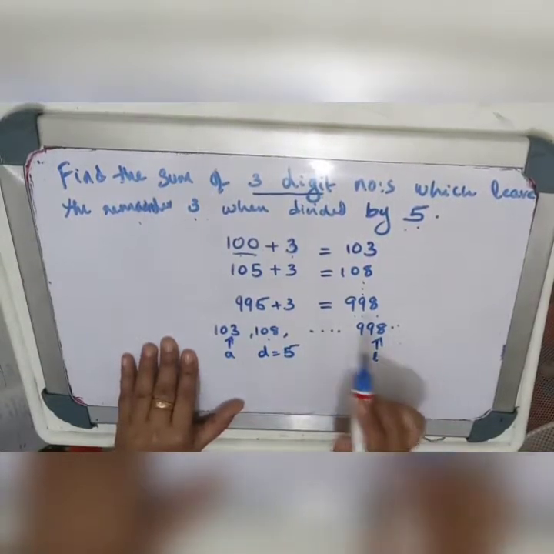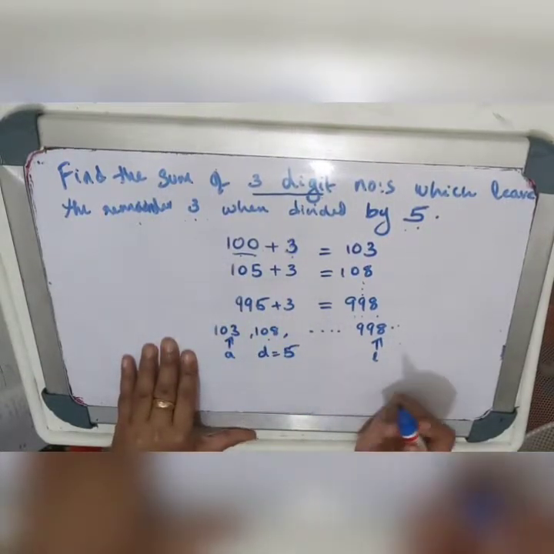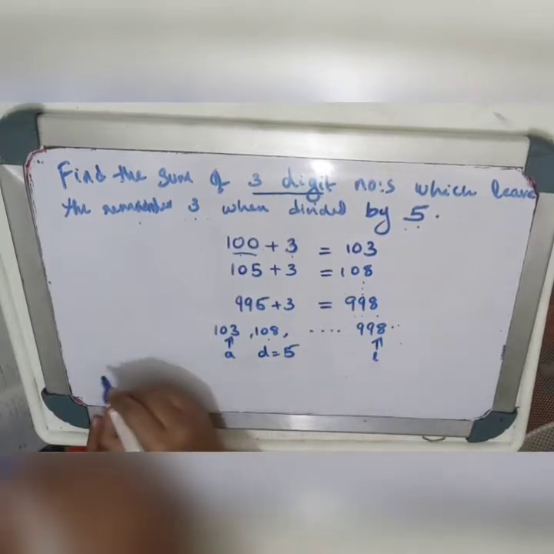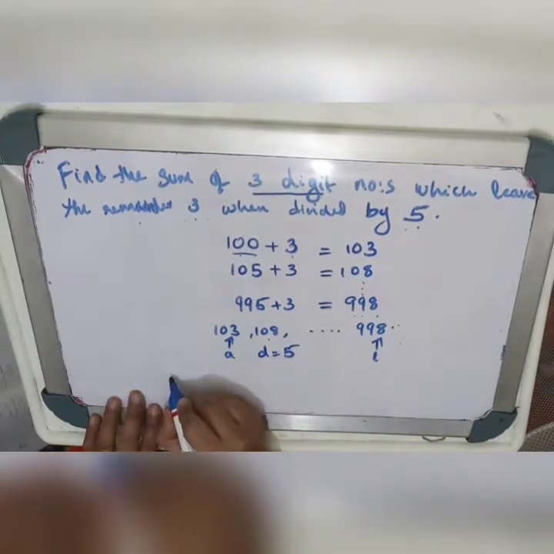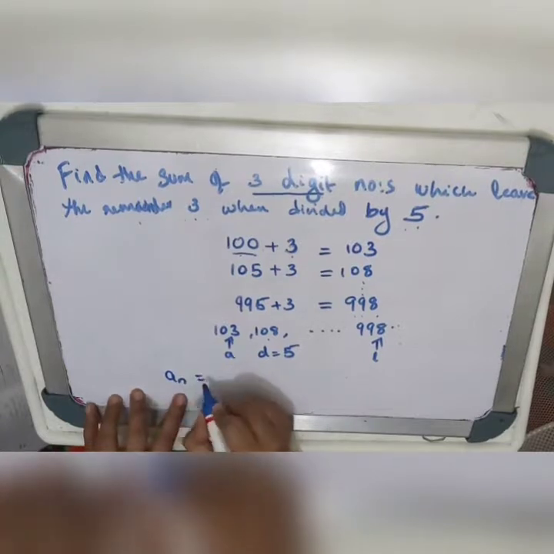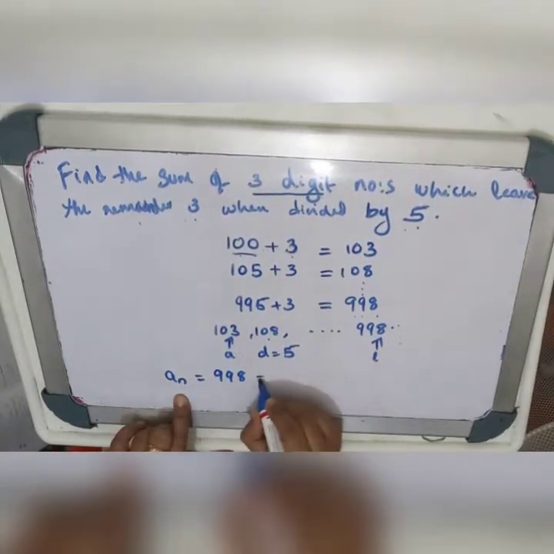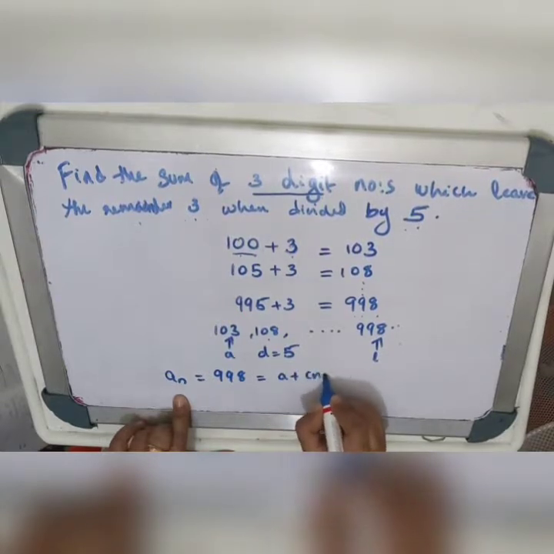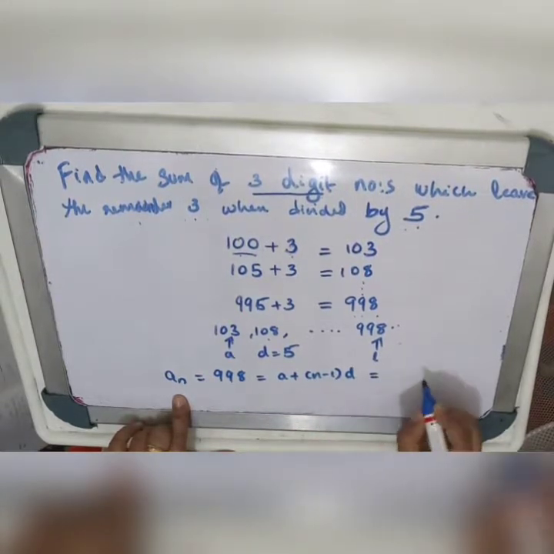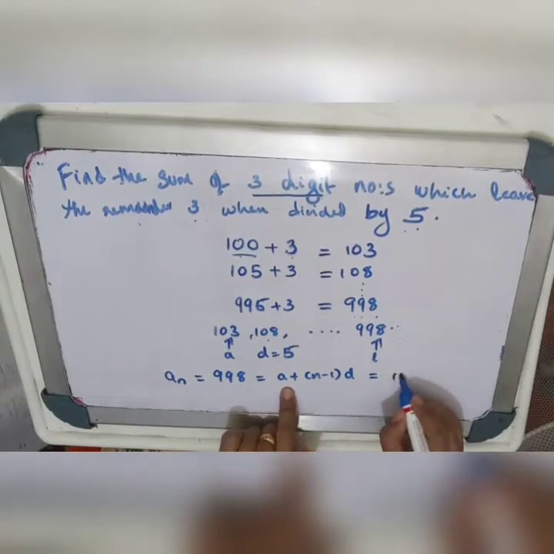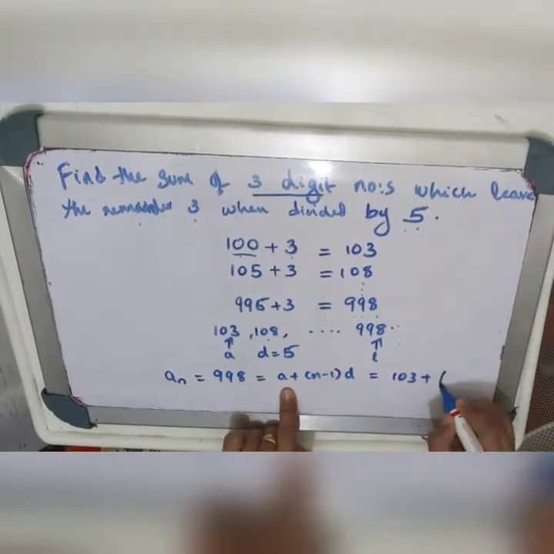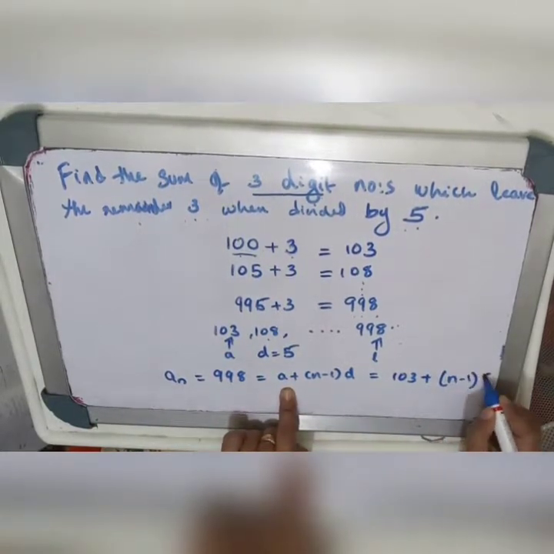Now in order to find the sum, we need to find the number of terms in the sequence. In order to find the value of n, we know that the last term, an, is equal to 998. So let's substitute a plus n minus 1 into d. a is 103, n we don't know, d is 5.